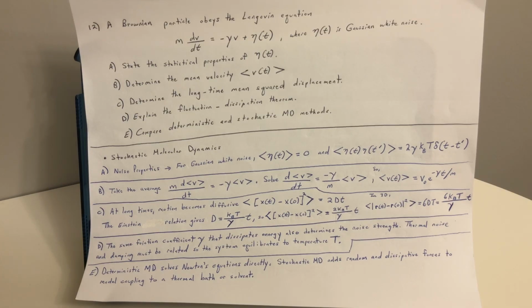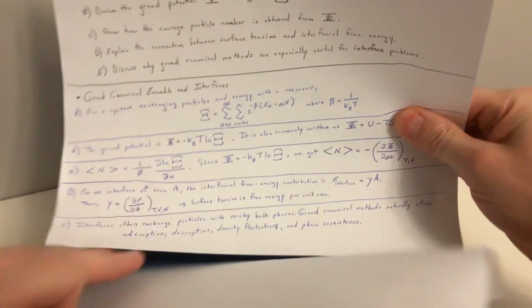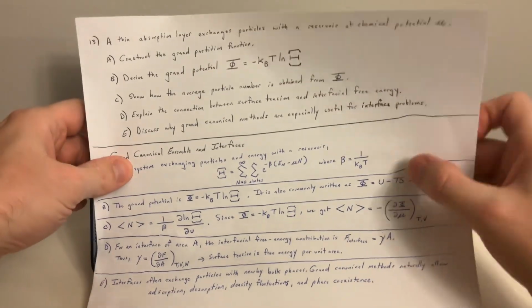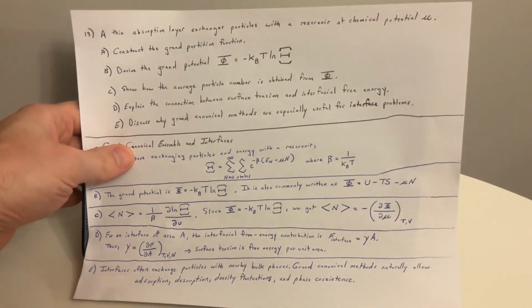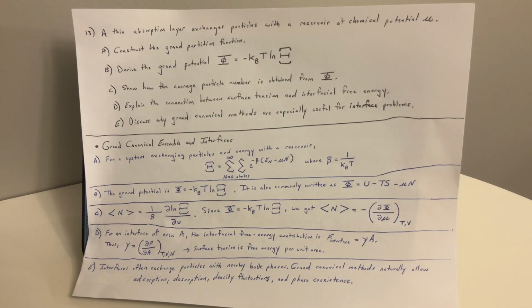Okay, so moving along now to number 13, that was 12. We have a thin absorption layer that exchanges particles with a reservoir at chemical potential mu. Part A, construct the grand partition function here.